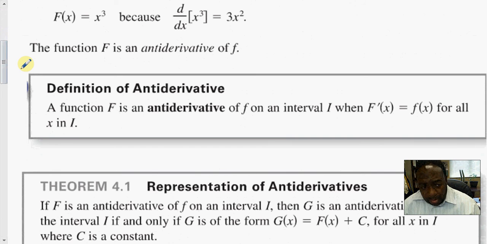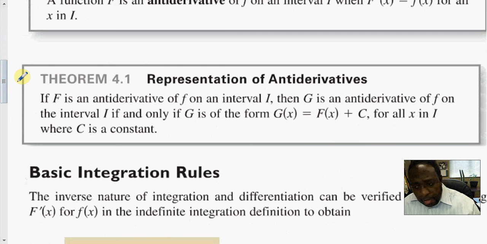Later on, we will claim it to be the integral of little f. If capital F is the antiderivative of little f on some open interval I, then G is the antiderivative of f on the interval I if and only if G is of the form G of x equals F of x plus some constant.